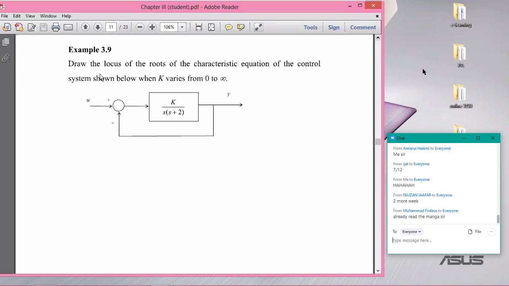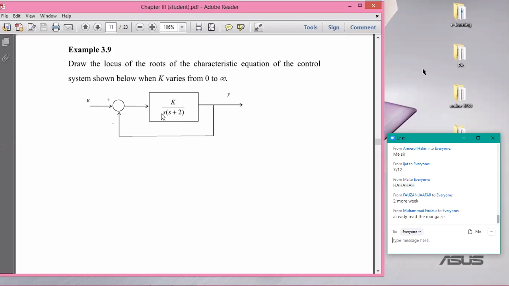Okay, so here it says draw the locus of the roots of the characteristic equation of the control system shown below when k varies from 0 to infinity. So this is a second order system. We want to trace out the location of the roots when k varies from 0 to infinity.